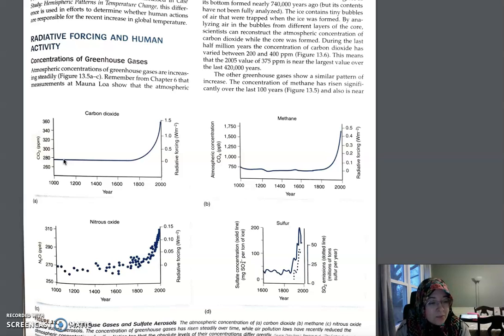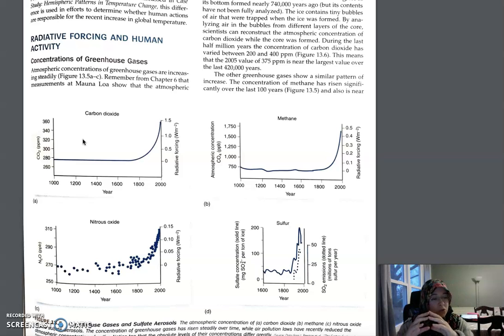So you may remember this, and scientists are applying this carbon dating technique to find out the age of the ice, and carbon dioxide is trapped in the ice.